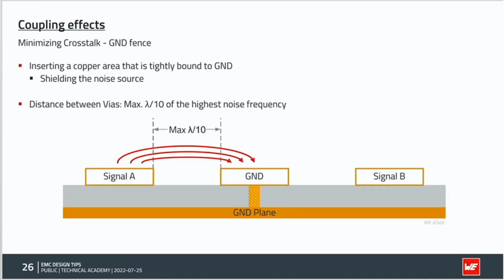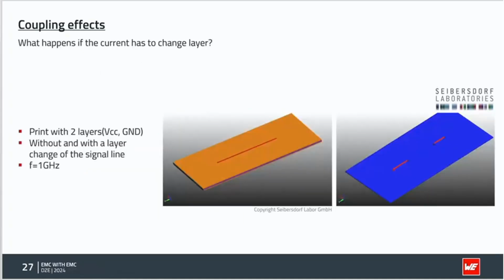And also be aware that the vias have to be placed at a certain distance. So most often you see lambda divided by 10, and yeah, please apply that rule.